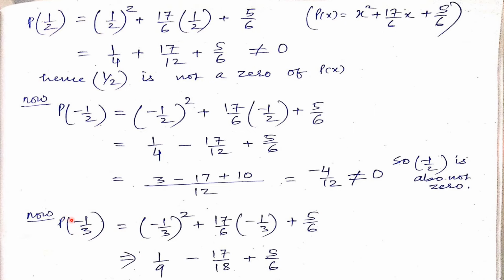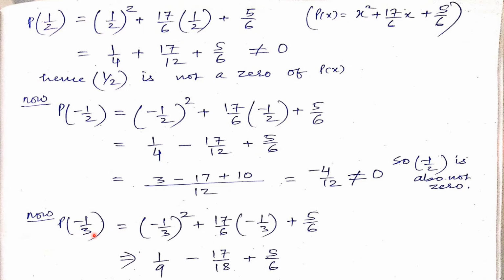Now comes P(−1/3). Now you must be thinking, sir, why have you taken −1/3? Why not +1/3 first? Because I have understood this simple thing: if all terms are in plus, it will never give me an answer of 0.